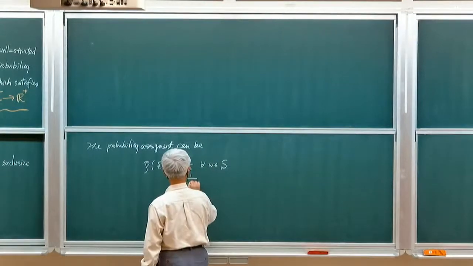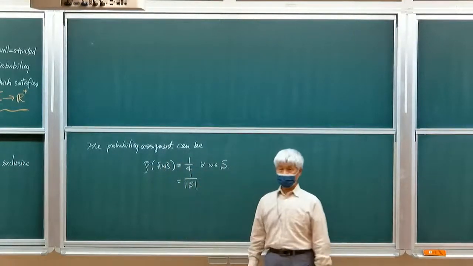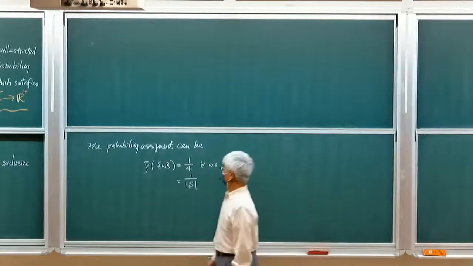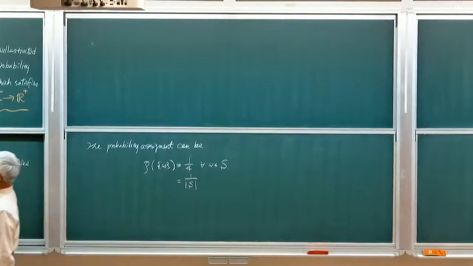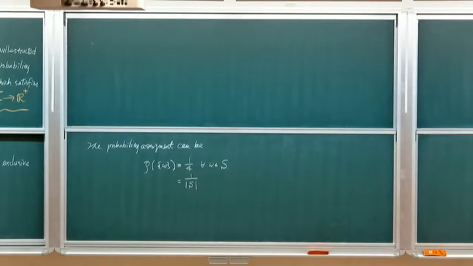What is that? This is actually 1 over the size of the sample space. And you can check axiom number 1.